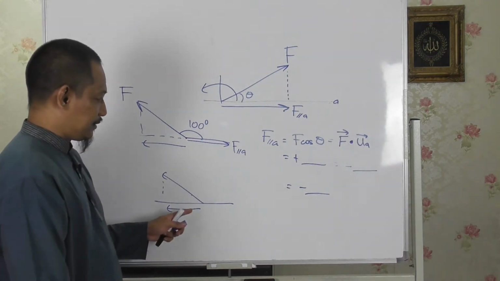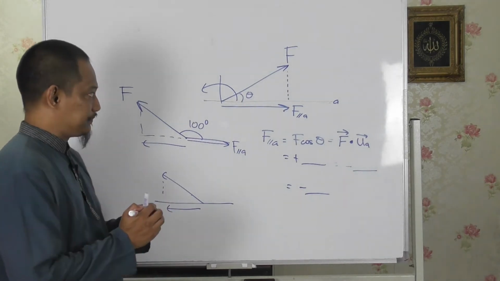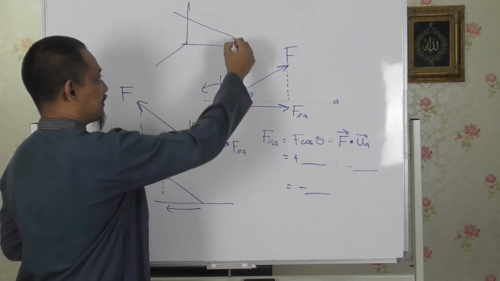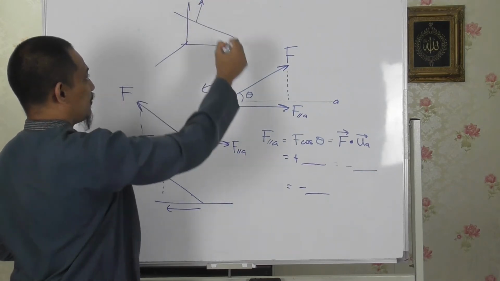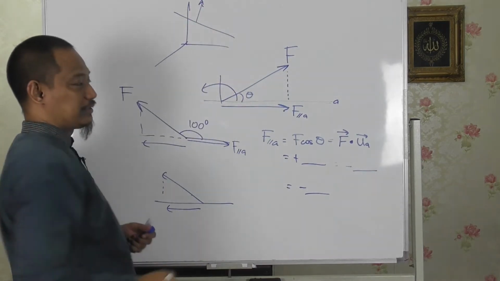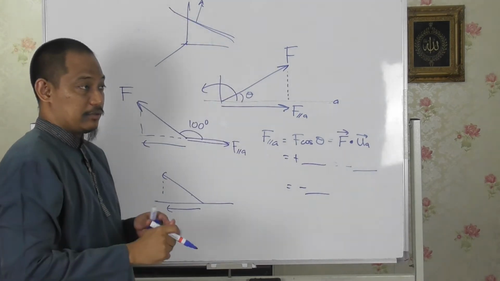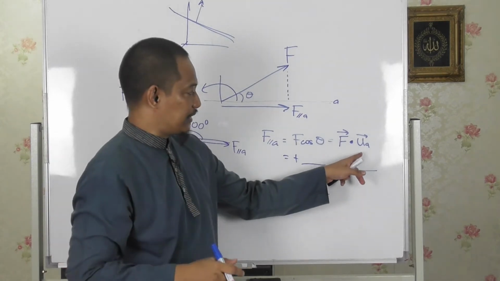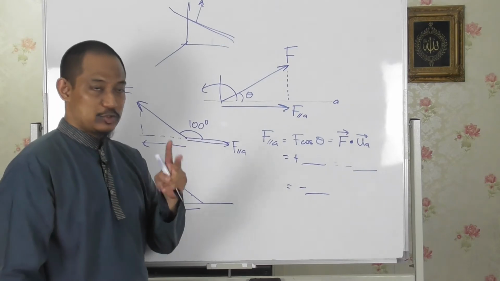In 2D this is easy to see, but in 3D, if you have a 3D space and an axis, and a force somewhere, and it asks for the projected component of that force along this axis, you have to realize that when you use the unit vector of an axis, there are two possibilities.